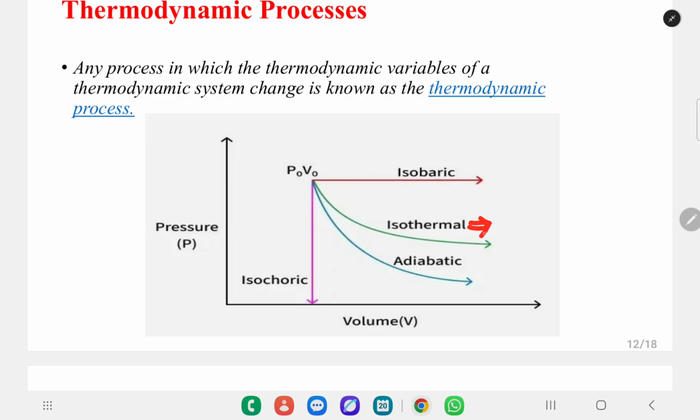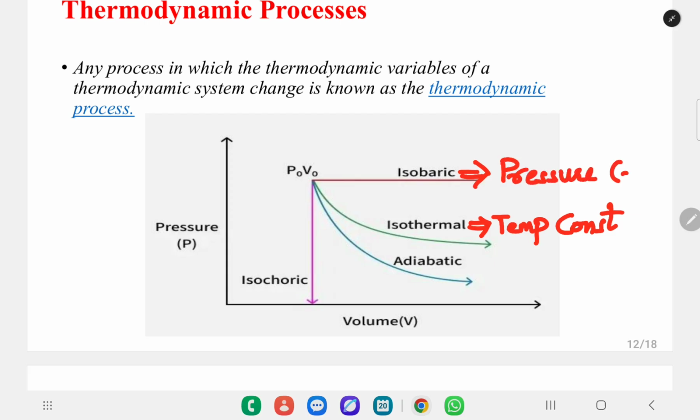Isothermal process is a process that occurs when temperature remains constant. When the temperature remains constant and the work is being done, that process is known as an isothermal process. An isobaric process is done when pressure is constant.